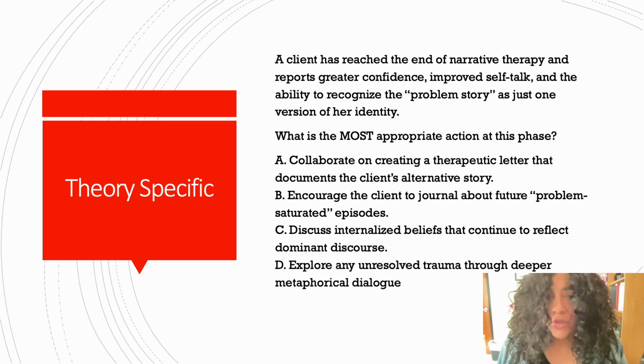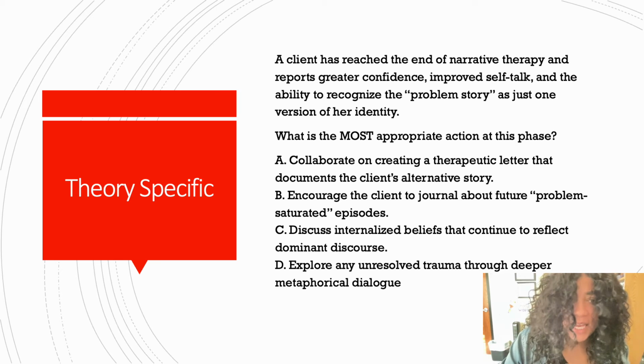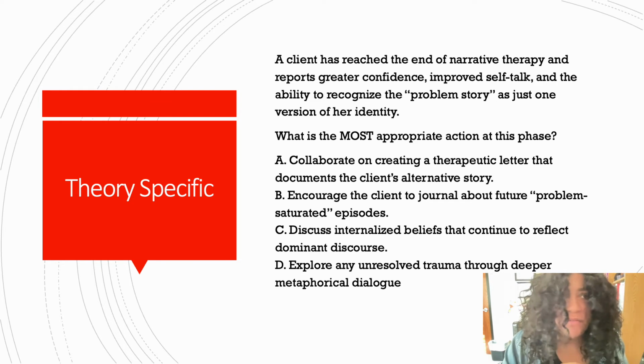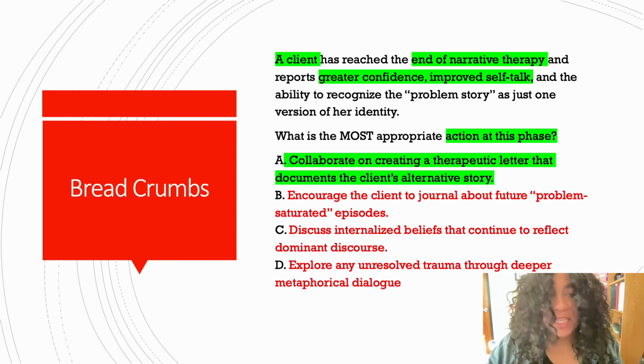Look for those responses that have you going back in the phases. If it has you going all the way back to the beginning phase of therapy, you know it's incorrect. If it has you doing something in the middle phase of therapy, such as an intervention or something active, you know it's incorrect, if the vignette is telling you you have reached the end phase of therapy. Make it make sense. Let's look at these breadcrumbs.